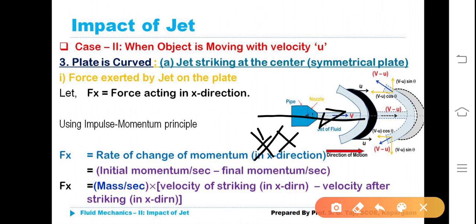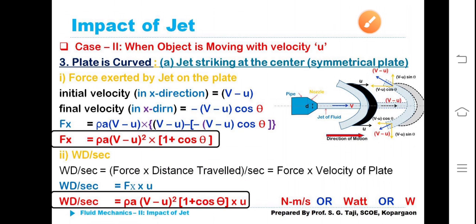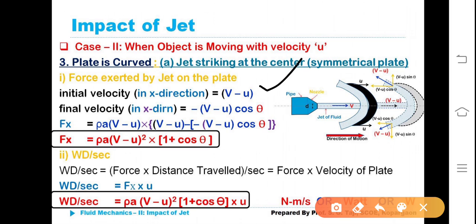Therefore, Fx is equal to mass per second multiplied by the velocity of striking in the x direction minus the velocity after striking in the x direction. Fine? Initial velocity in the x direction is equal to v minus u, whereas final velocity in the x direction is equal to minus of (v minus u) cos theta.